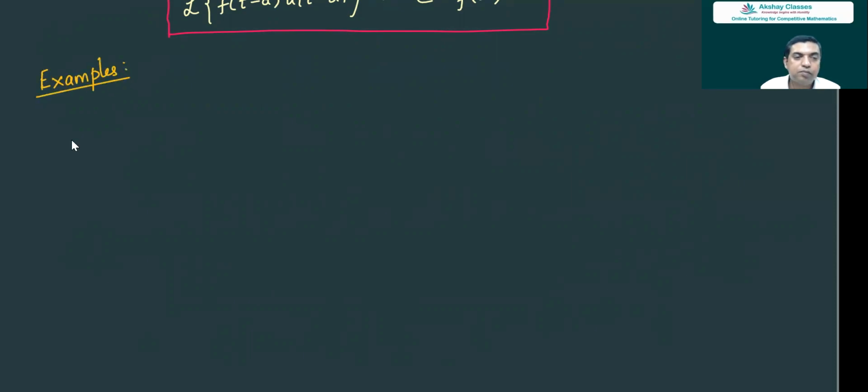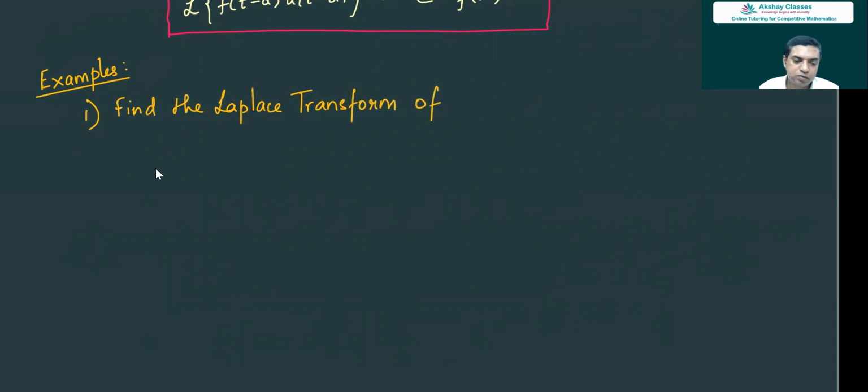Find the Laplace transform of f of t, which is 2 for t lying between 0 and pi.